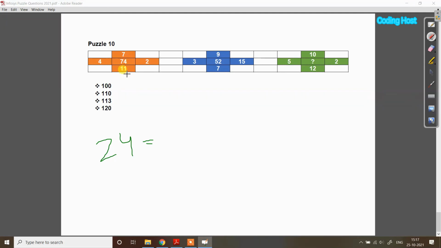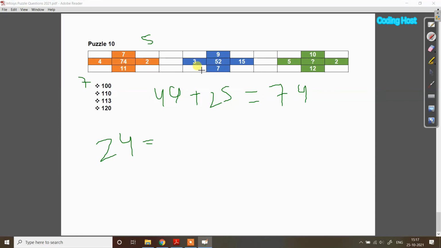So 14 minus 11 is equal to 7 and 7 minus 2 is equal to 5. Now square of 7 is 49 and square of 5 is 25. So 49 plus 25 is equal to 74. Yes, so maybe this is the right logic here.